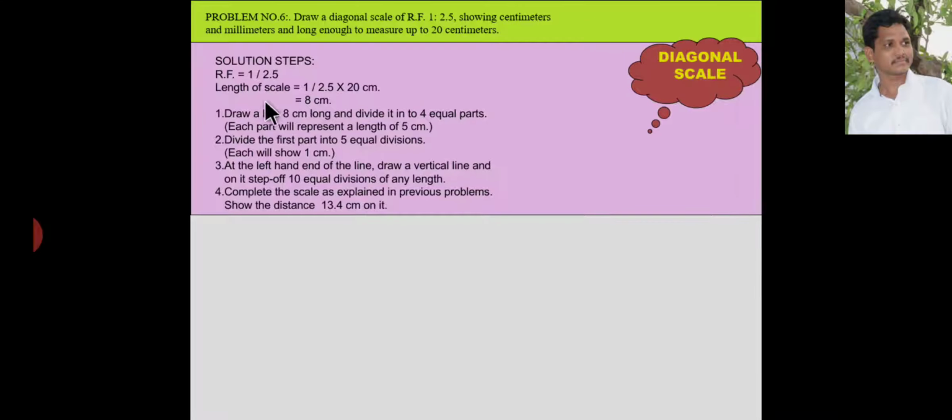Therefore the length of the scale equal to RF into maximum distance up to measure. So 1/2.5 into 20 centimeters. Therefore the total length of the scale equal to 8 centimeters.